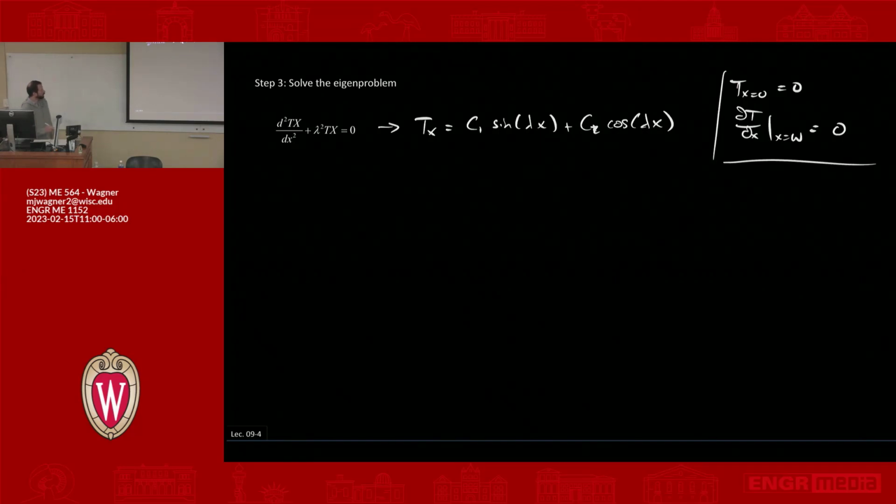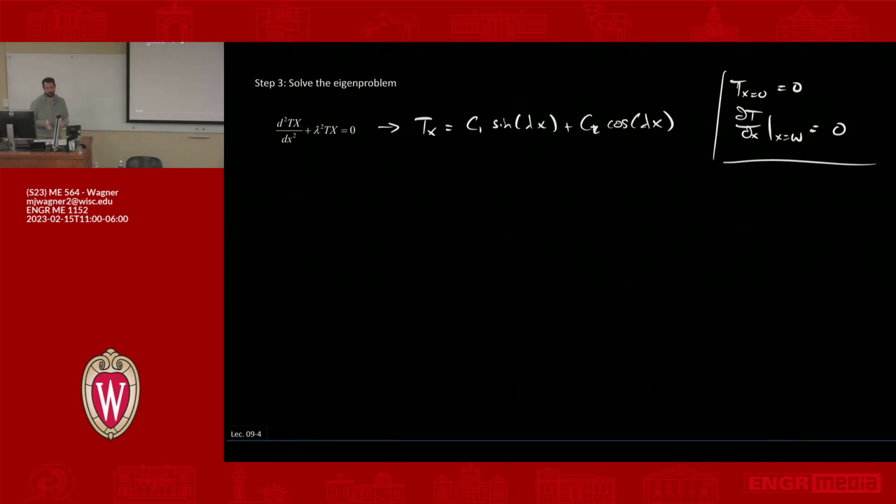So we need to enforce these boundary conditions, but it's important to note that T at x equals 0 is the full temperature, right? It's T as a function of x and y. We now have a function that we're only dealing with T of x. So when it comes time to enforce the boundary conditions, we need to make the full substitution, evaluate the boundary condition, and see how it might change.